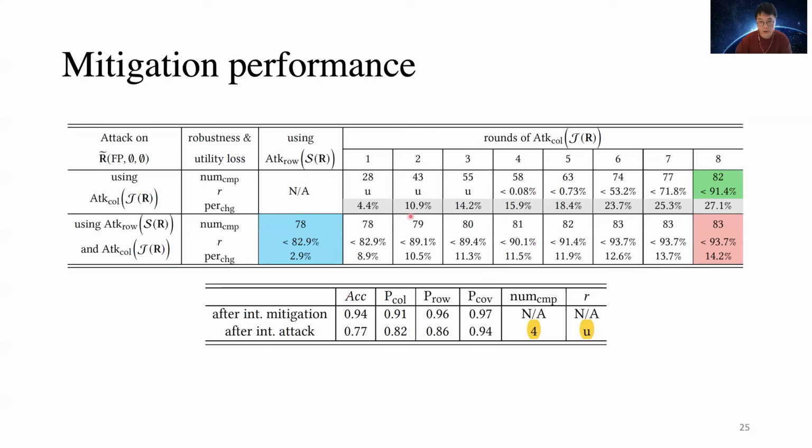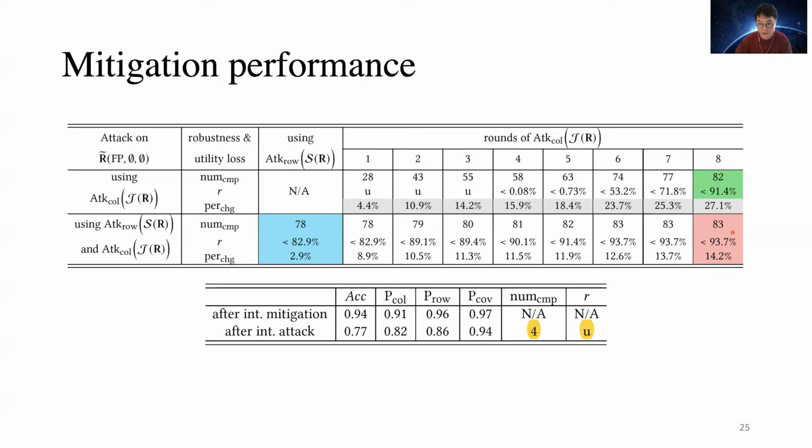And recall the first table is the correlation attack. For example, in the last cell, highlighted in red, this is the attacking performance of the integration of row-wise and column-wise correlation attack. By launching the integrated correlation attack, the attacker can compromise a total of 83 fingerprint bits.